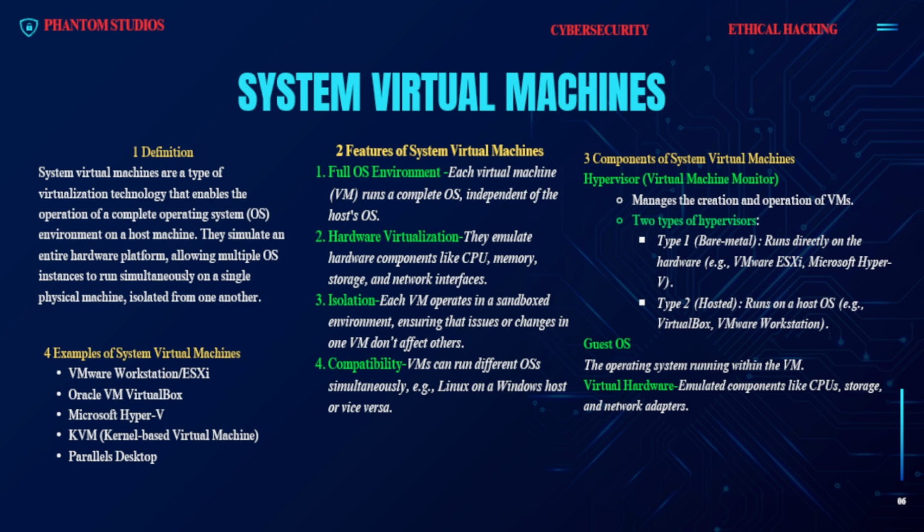By doing this, they are able to run multiple operating systems simultaneously on that single machine, but in an isolated environment. In other words, this type of virtual machine is a technology that helps the operating systems to run.